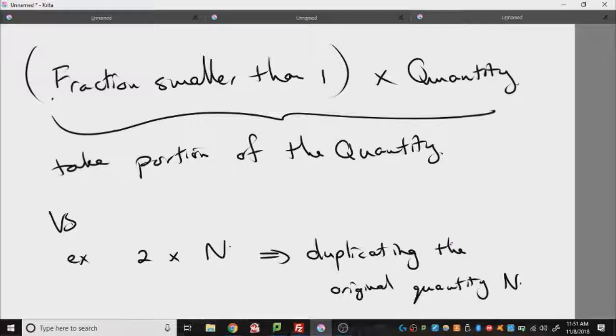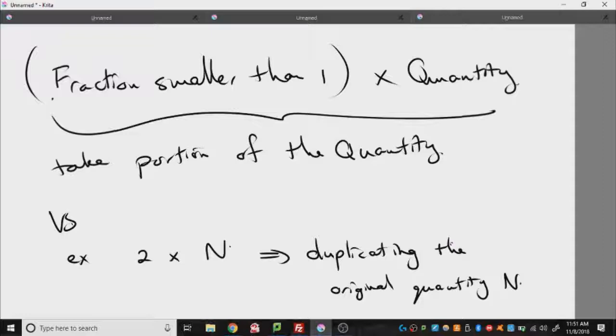Yes, the bottom one is first, and then we get to fractions, and then you're just taking a portion of what you have. Whereas the original multiplication concept is you're doubling or more what you have. But they're both multiplication. So the intuitive understanding of multiplication changes depending on what the first number is.